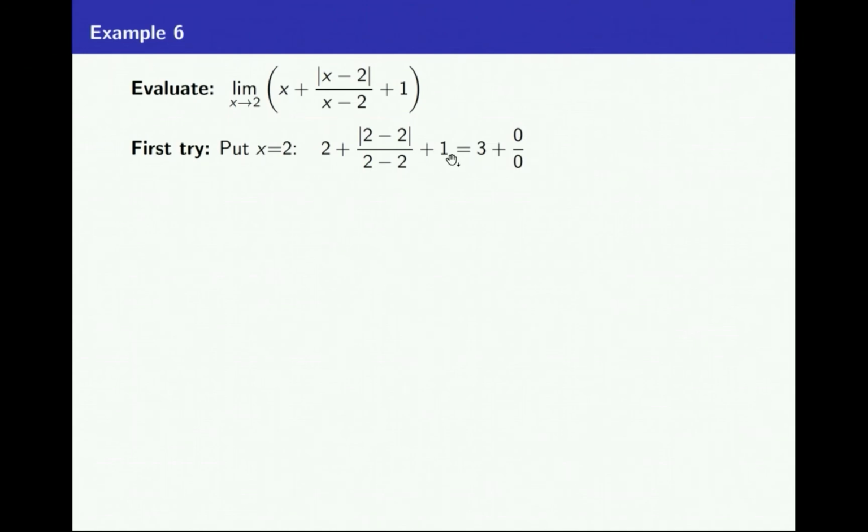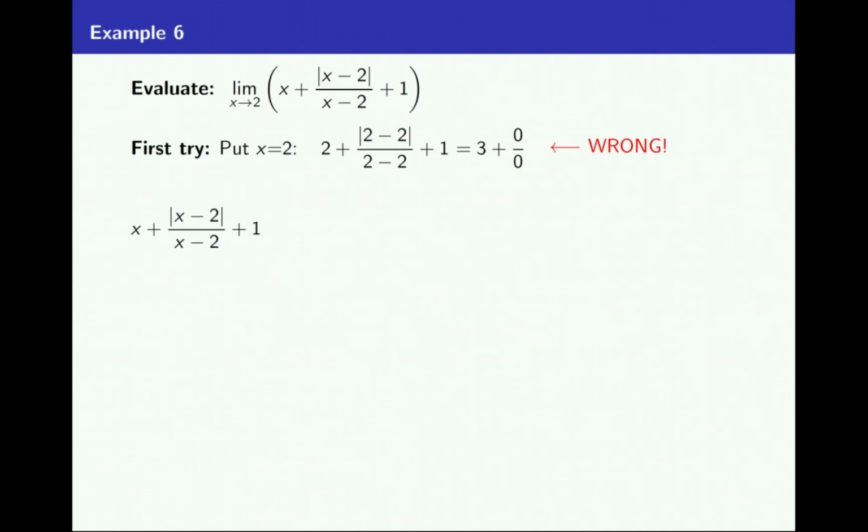And the 2 plus 1 is 3, and the fraction turns into 0 divided by 0. So just plugging in x equals 2 is clearly wrong because we're getting 0 divided by 0. So we have to be somewhat more clever here.